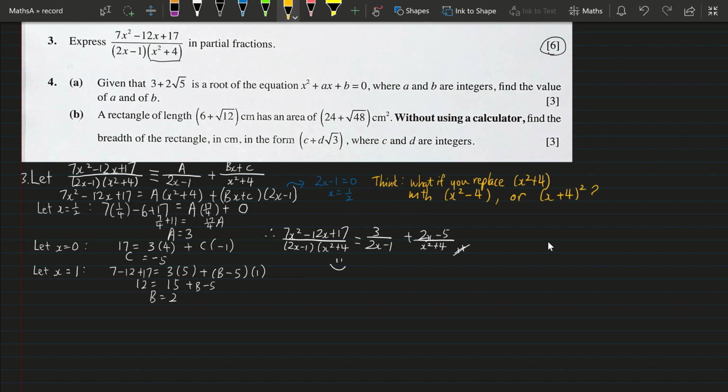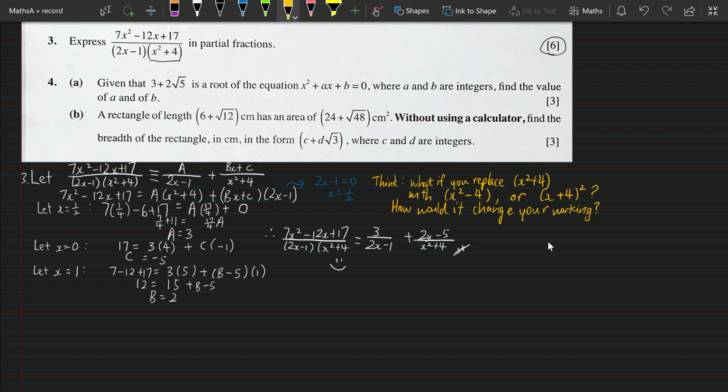How would it change your answer? How would it change your working? Okay, so these are entirely possible. They can be tested in this way, so please try it on your own for practice.